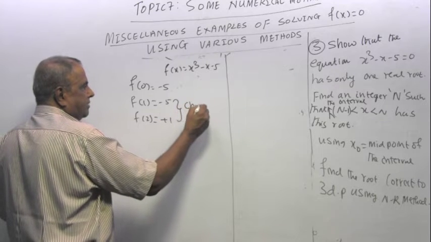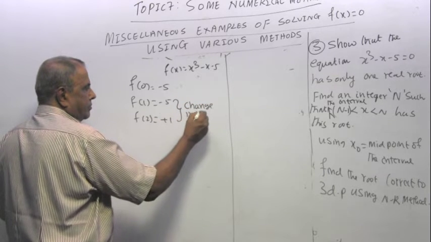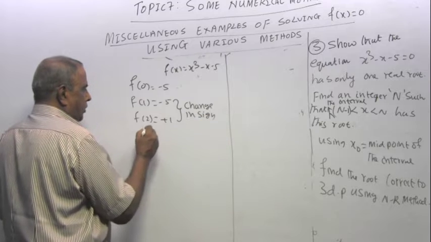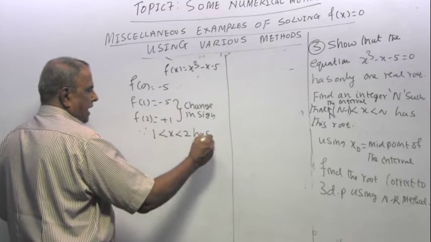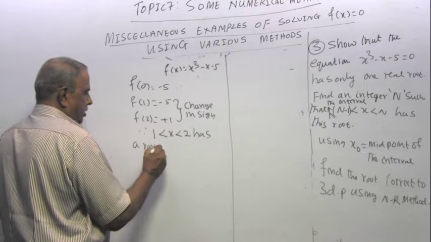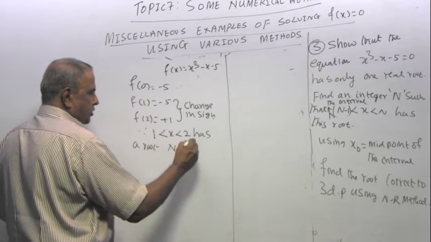Change in sign. Therefore, 1 less than x less than 2 has a root and n equals 2.